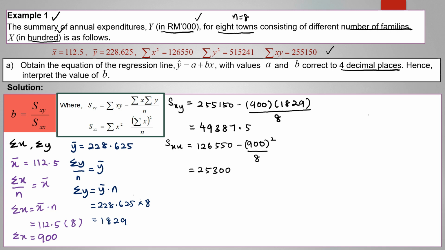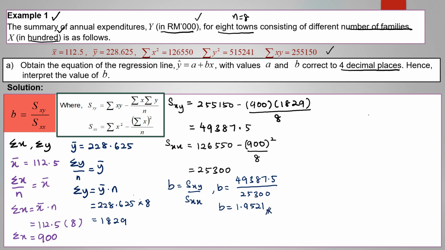The formula for b is equal to Sxy divided by Sxx. So b is equal to 49,387.5 divided by 25,300. So the value of b would be equal to 1.9521. So this is the value of b.